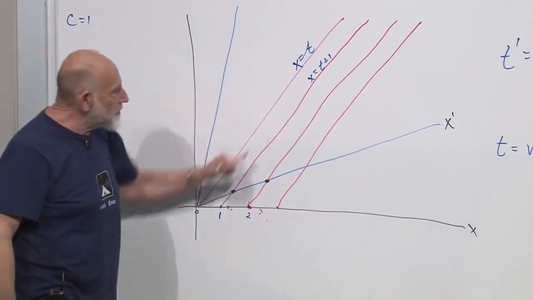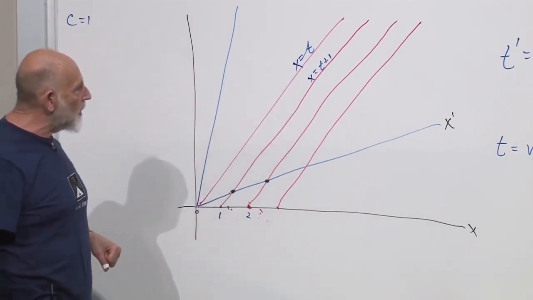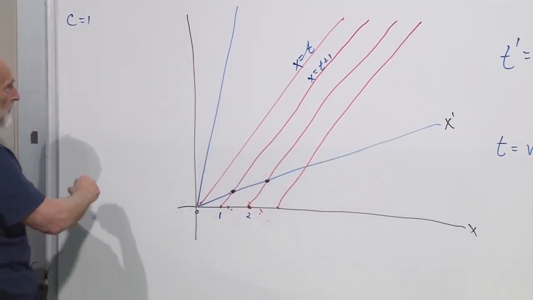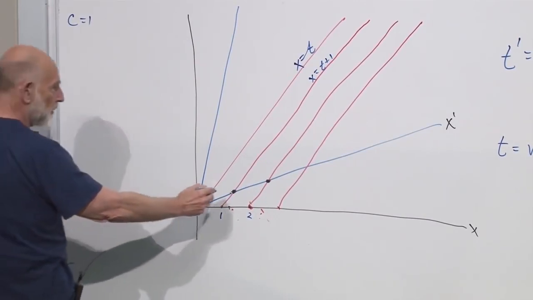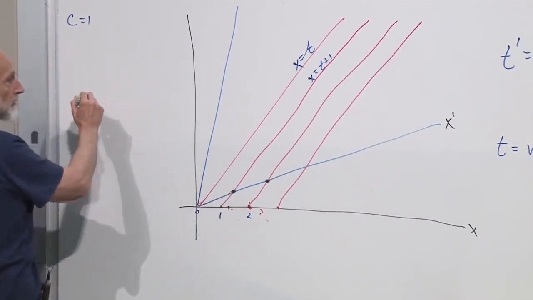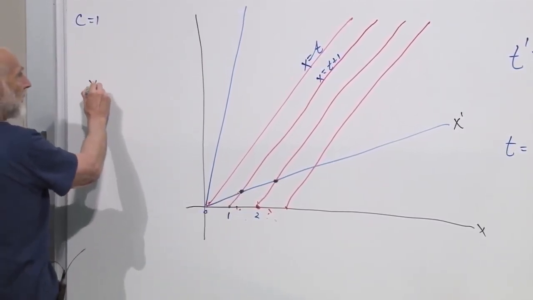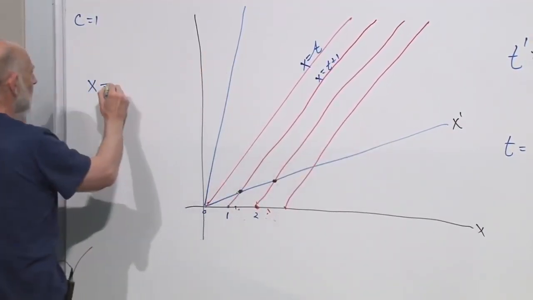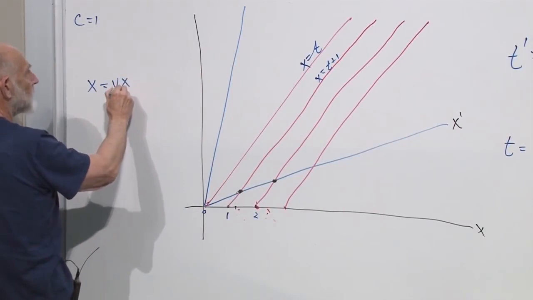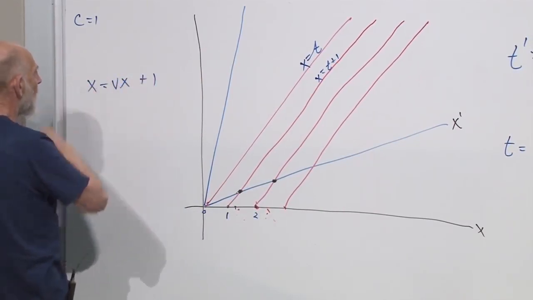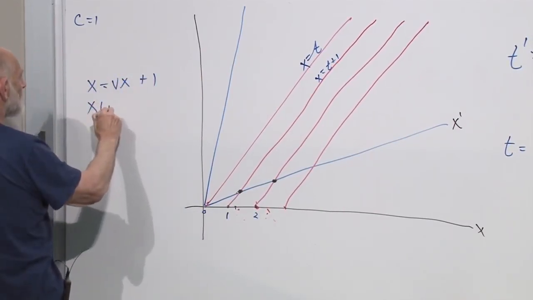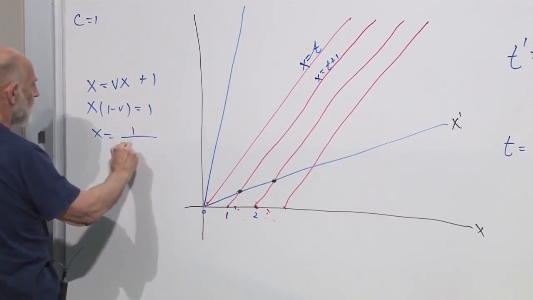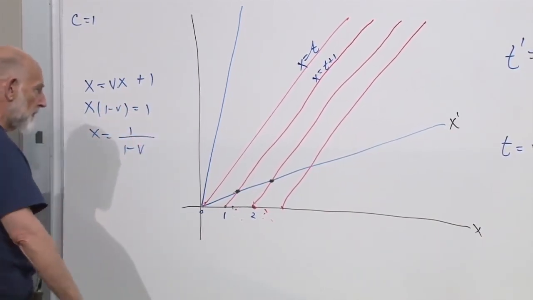Okay, so we're at the intersection of x equals t plus 1 and t equals Vx. Let's work it out. Let's see what that point is. X equals t, which is Vx, plus 1. Or x times 1 minus v equals 1, or x is equal to 1 over 1 minus v.